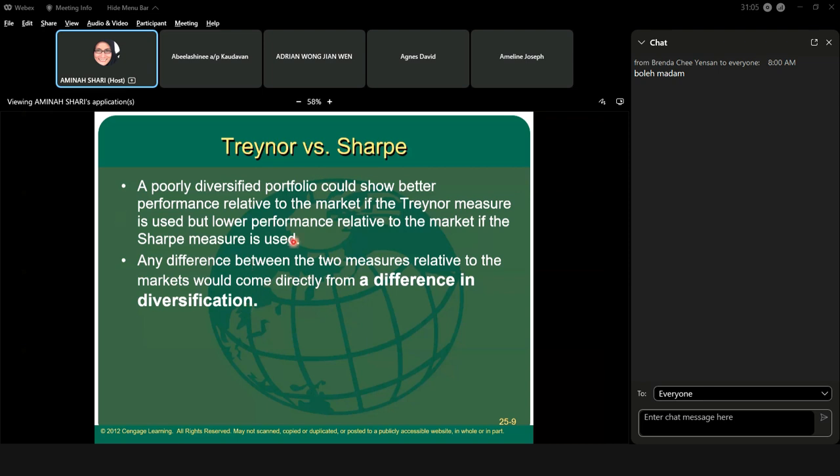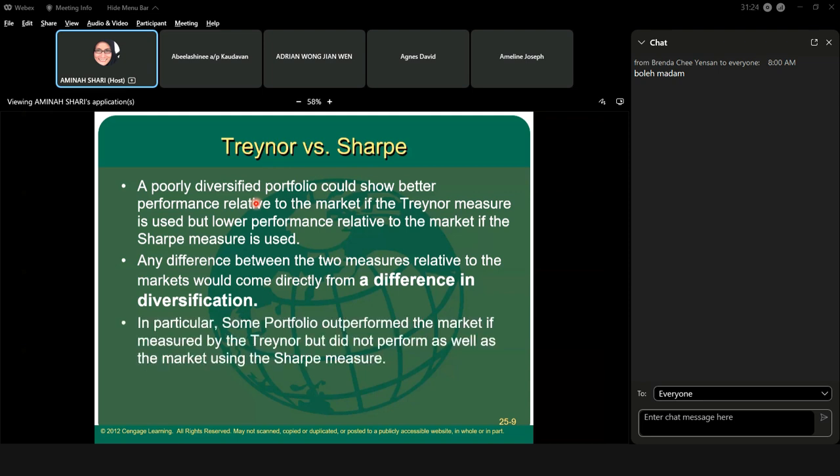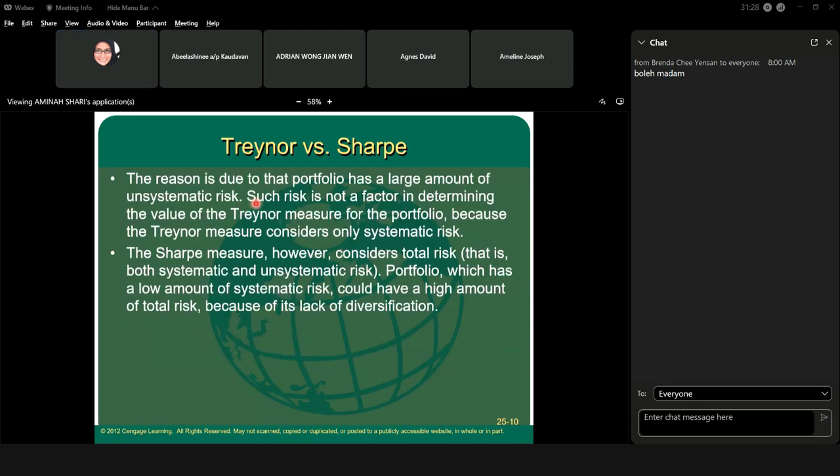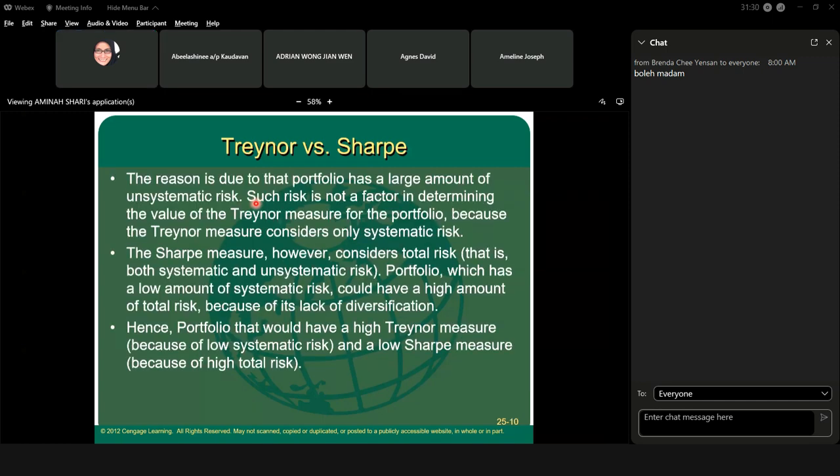Okay, difference in diversification in terms of fully diversified and poorly diversified. Okay, itu dua case ataupun dua senario yang you need to cater lah kalau you want to explain why there is a conflicting result between Treynor and Sharpe. Okay, ini antara reason due to the portfolio have a large amount of unsystematic risk.